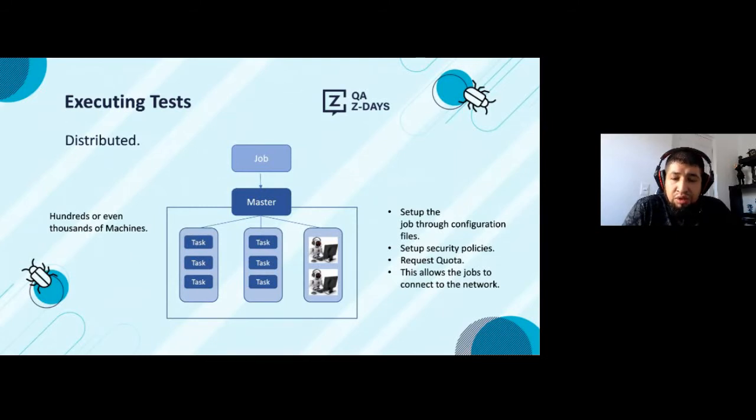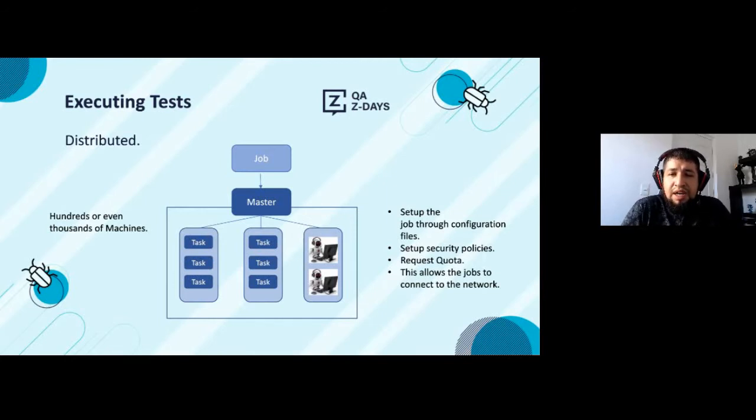They do allow you to connect to the network, but for using this kind of job, you have to do some security setups. You have to send through changes some modifications to the security policies, and someone else will review it and tell you whether your test can or cannot connect to the services that you are requesting. In order to run these jobs, you will also have to request some quota.